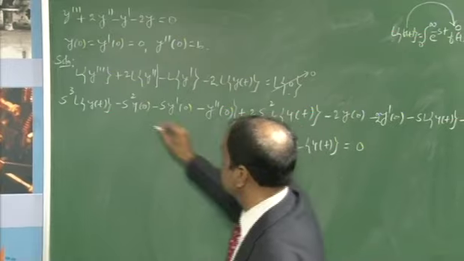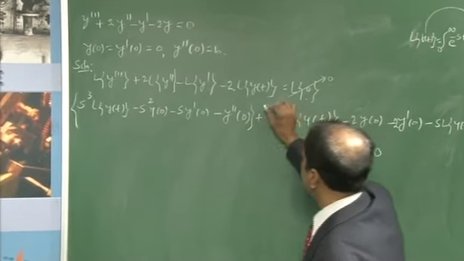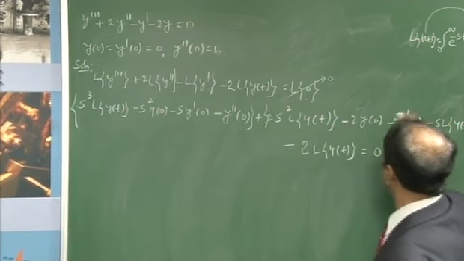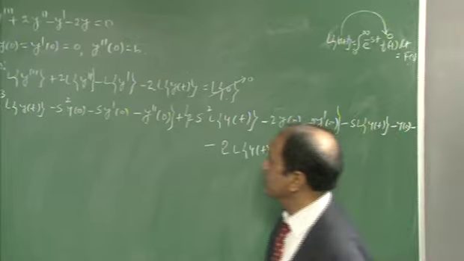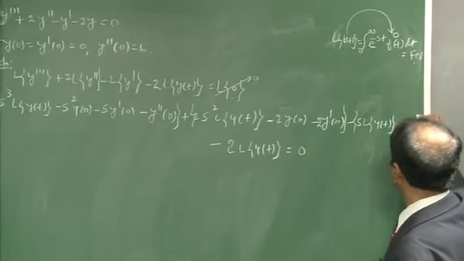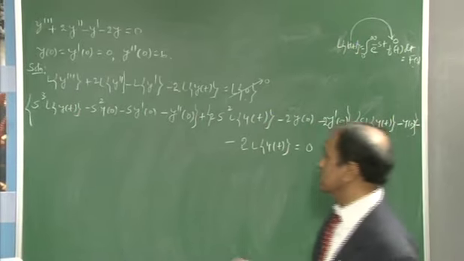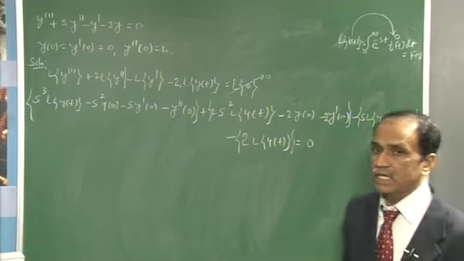So this is the part for the first term, this is the part up to here for the second term, this part takes 2 terms for the third term, and this is the part for the last term.